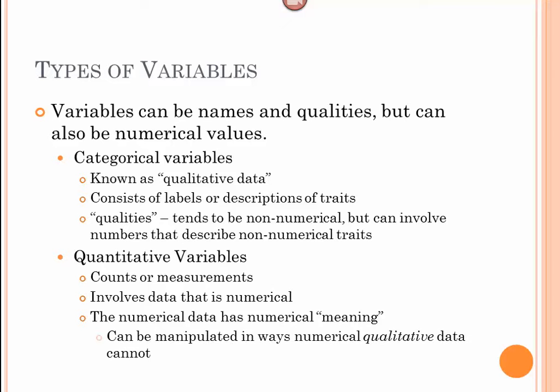Quantitative variables can be manipulated with all of those different types of things we like to do with numbers: adding, multiplying, subtracting, dividing, all that kind of thing. Average is a great one to think about because if I take everybody's height and average that out, I actually get a number that has a distinct meaning to it, which is the average height of students in Math 146.